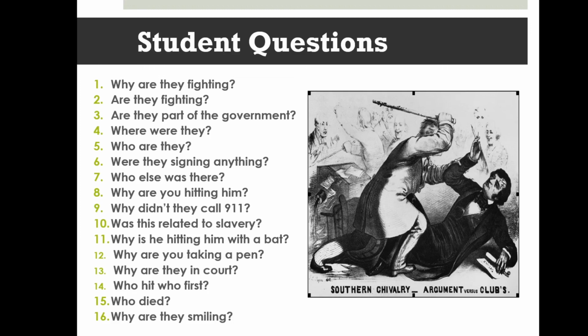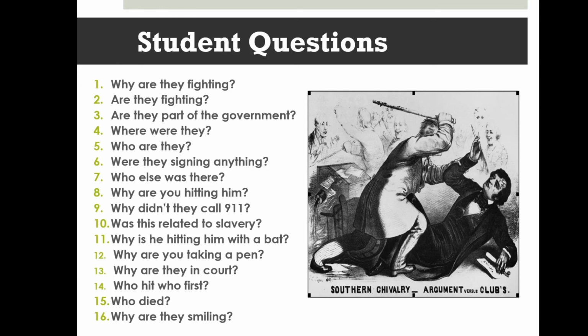Then look what happens after the middle. Questions begin to change a little bit. Was this related to slavery? Why is he hitting him with a bat? Why are you taking a pen? Why are they in court? Who hit first? Who died? And why are they smiling?